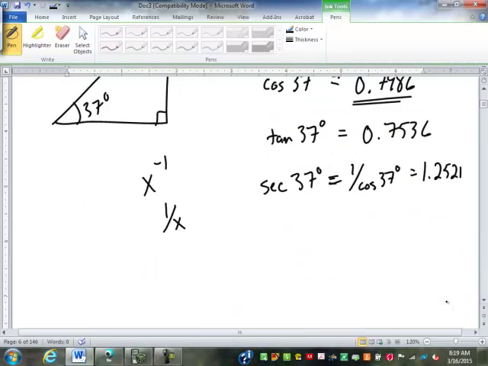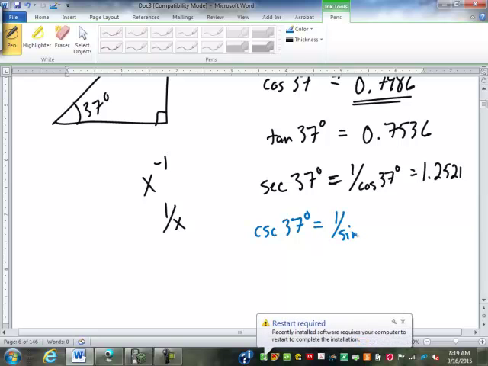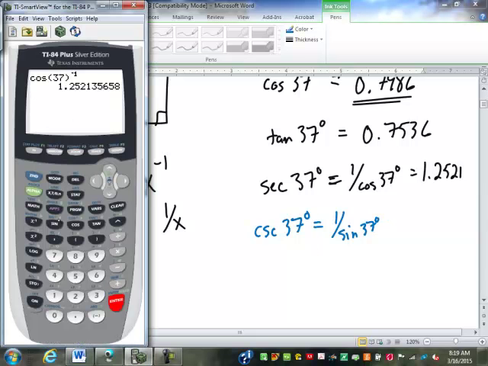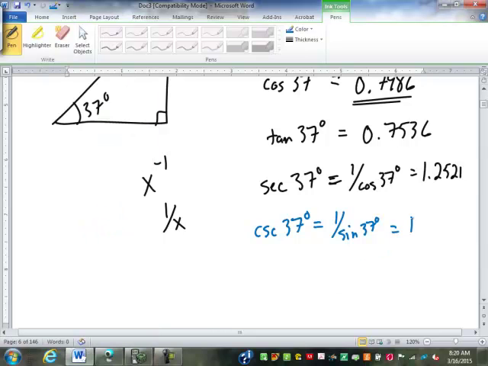But let's just take a look at cosecant of 37. Secant's the reciprocal of cosine. Cosecant is the reciprocal of sine. So again, what I'm going to do is I'm going to do sine of 37. Close my parentheses, and I'm going to use that reciprocal key. And there it is, 1.6616.